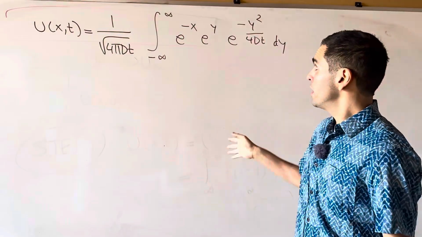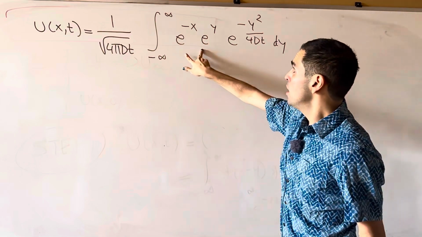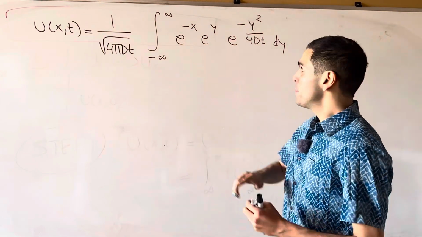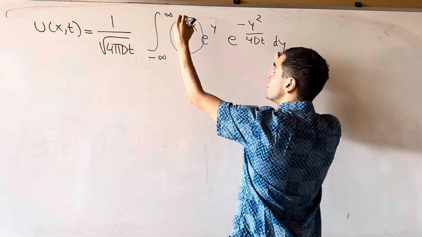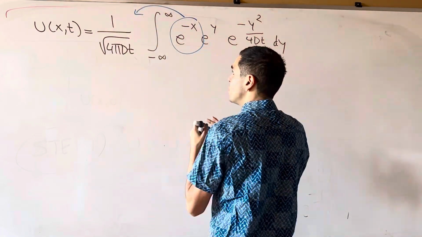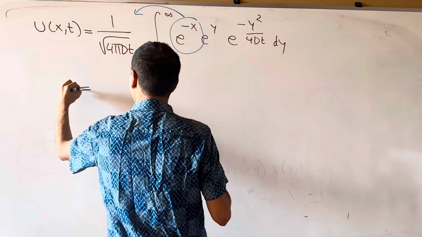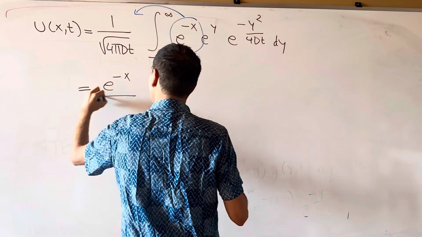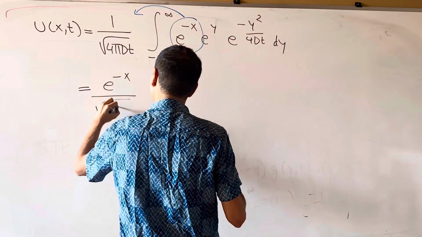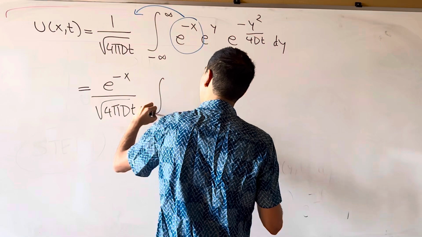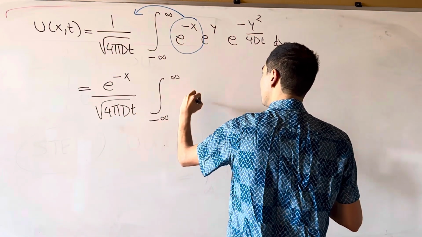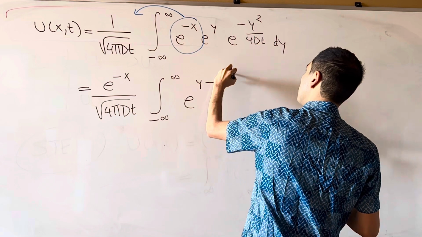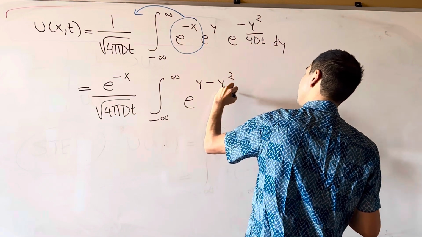And here really all I did, I rewrote the formula but expanded this out because the nice thing is now this e^(-x) doesn't depend on y. So this comes out and we're left with e^(-x) over square root of 4 pi dt. And then the integral of this exponential function, so e^(y - y^2/(4dt)) dy.